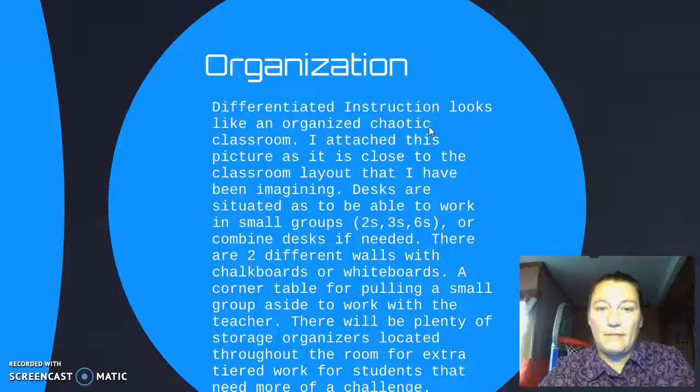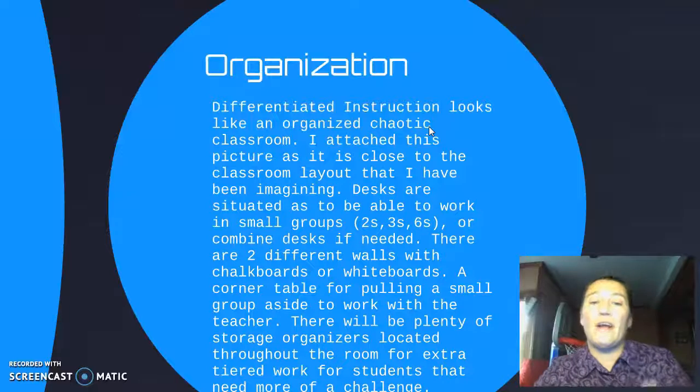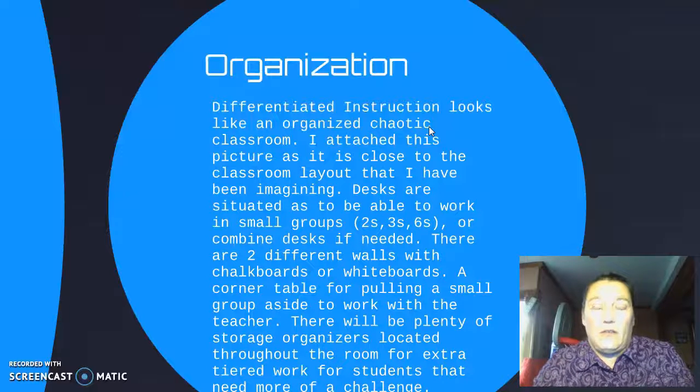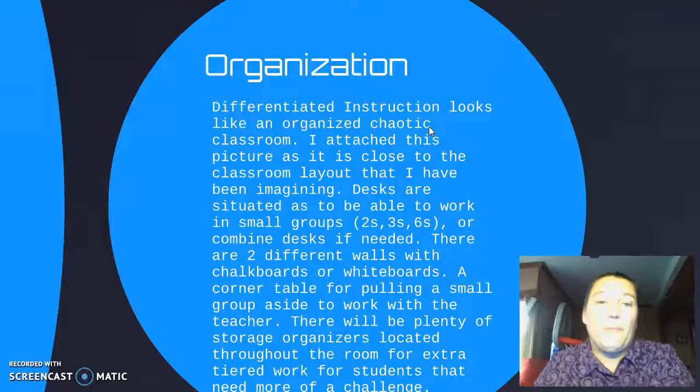Organization, back to that. I think it looks like organized chaos. A lot going on in a small area, but it's all hopefully organized so that everything runs smoothly and everybody's taking away as much as they possibly can from it.